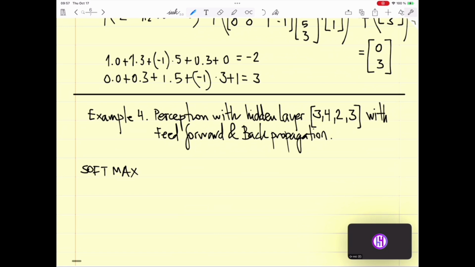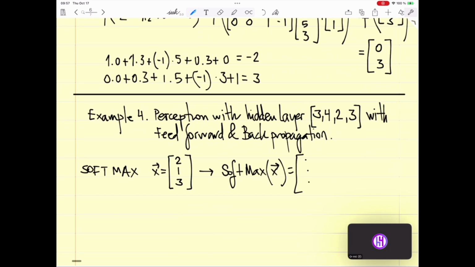If you get a vector x, let's say 2, 1, and 3, and you apply softmax to this vector, then the elements of the vector are going to be proportional to the elements of the previous vector, but they're going to all add up to 1, okay?